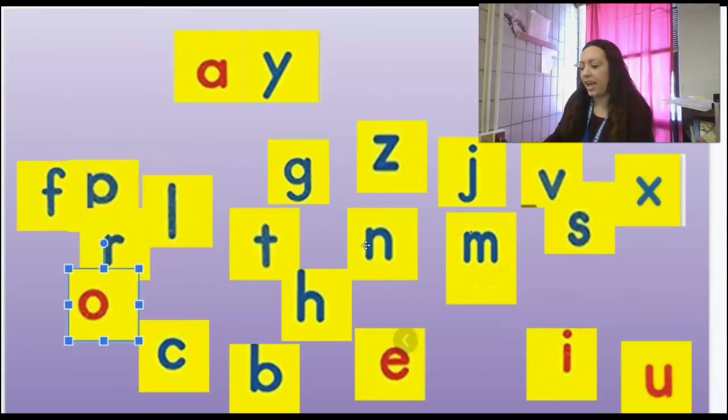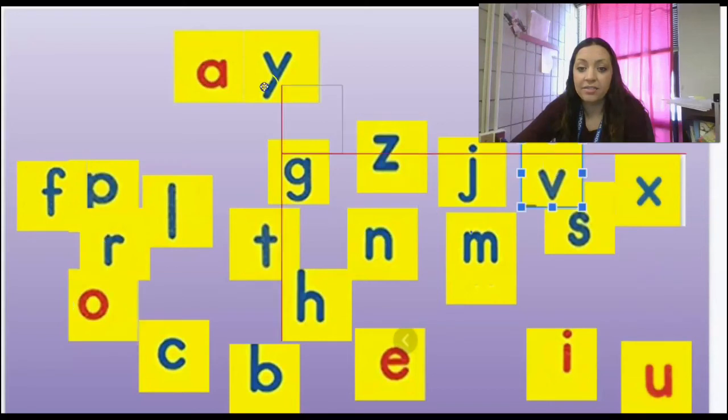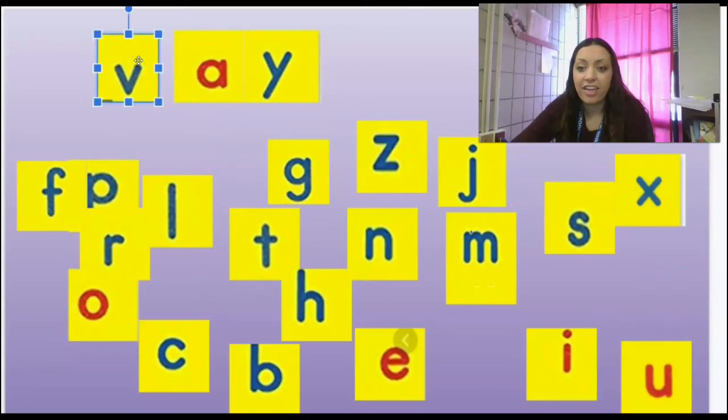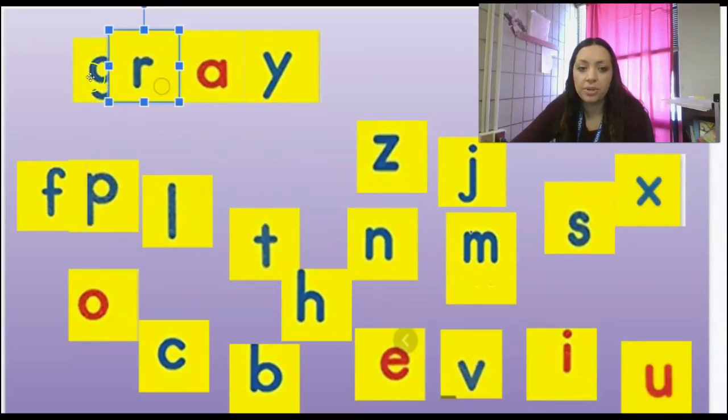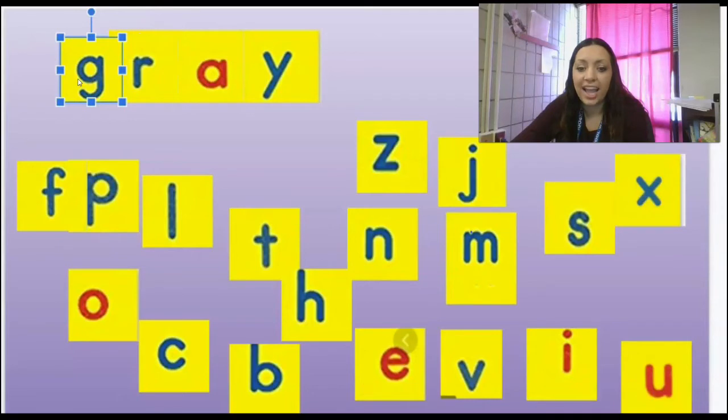What if I add a V in front of it? Now I have they, very good. One more. What if I add GR, that blend in front of it? Gray. Awesome job, guys, making words with our vowel digraph.